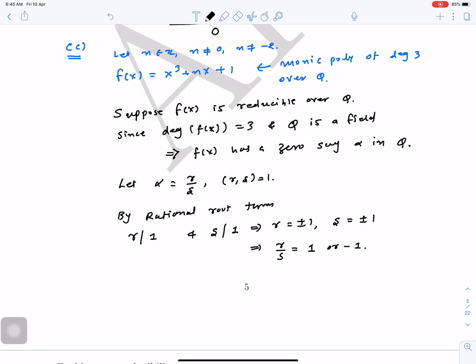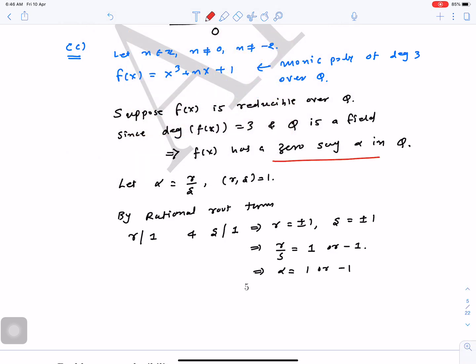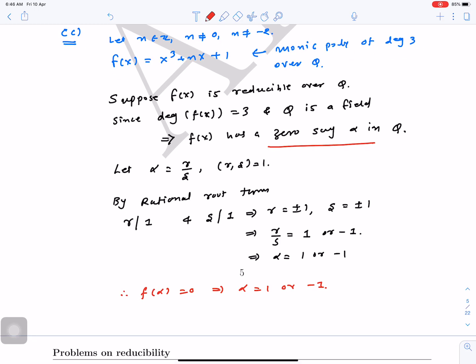So if f(x) is reducible over Q, then the possible value of alpha is 1 or minus 1, where alpha is a root. Alpha is 0. So therefore f of alpha equal to 0 implies alpha must be 1 or minus 1. So let us check manually for alpha equal to 1 or minus 1.